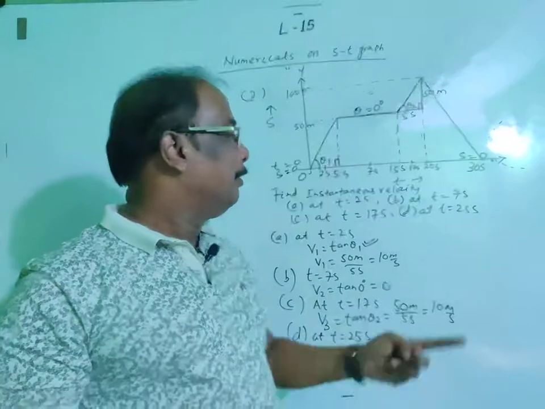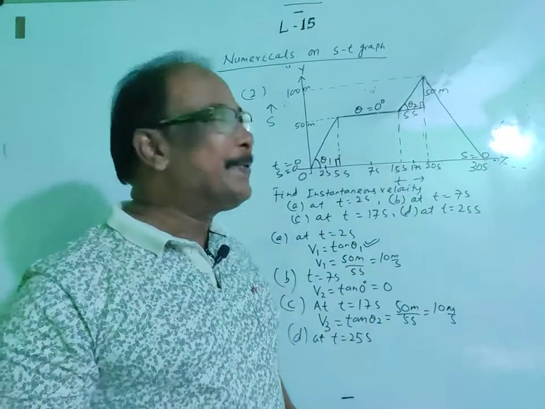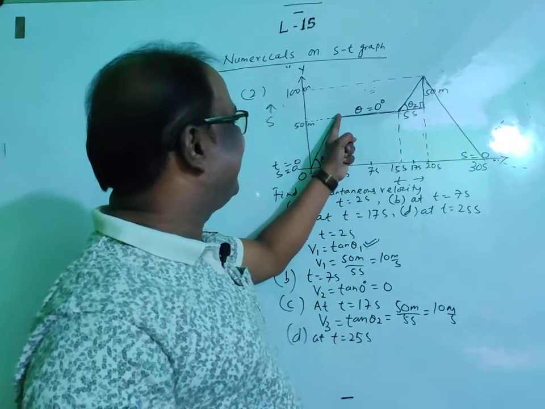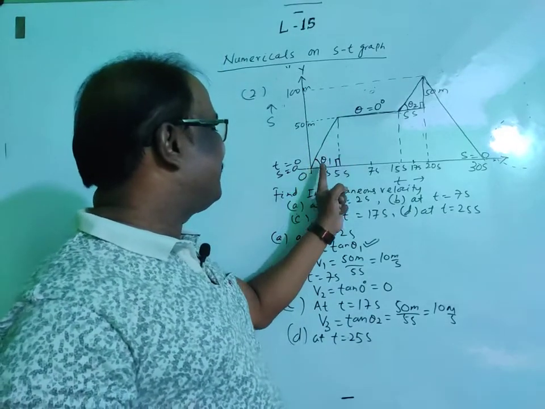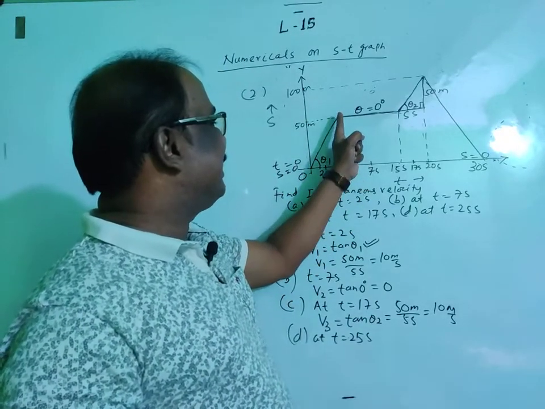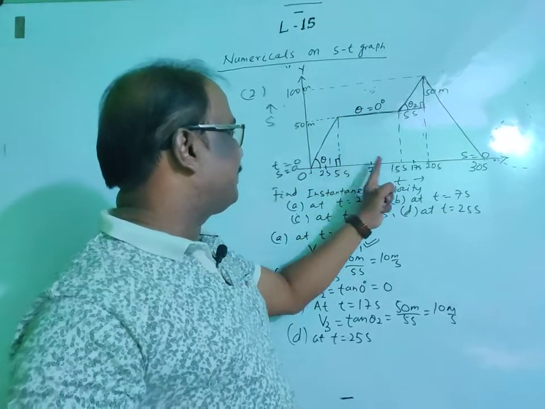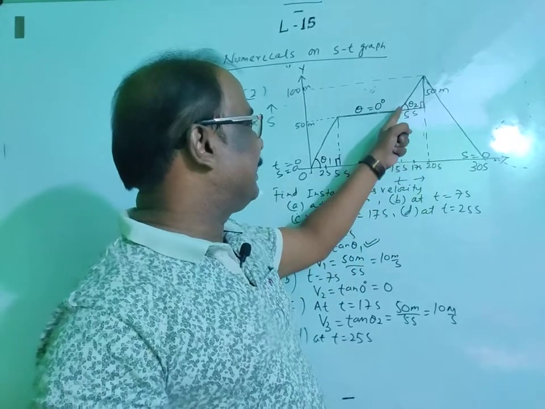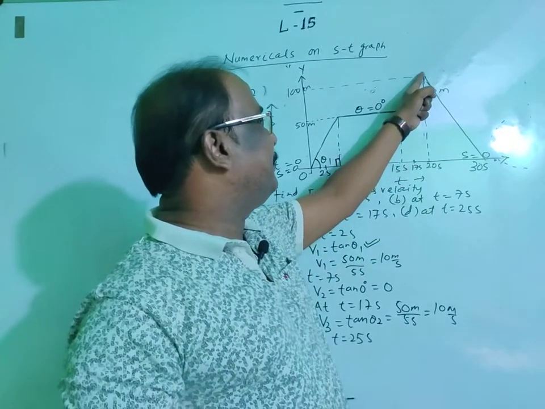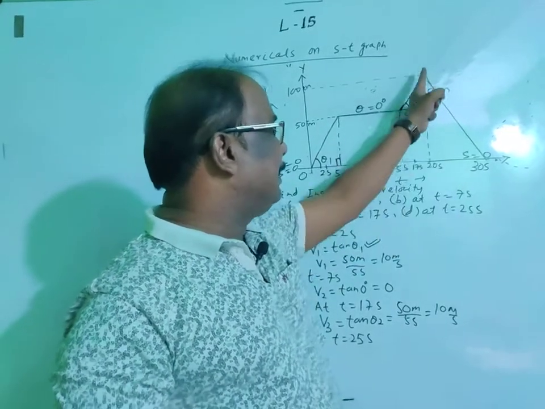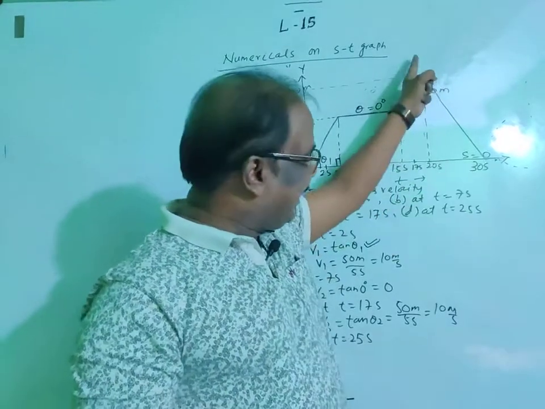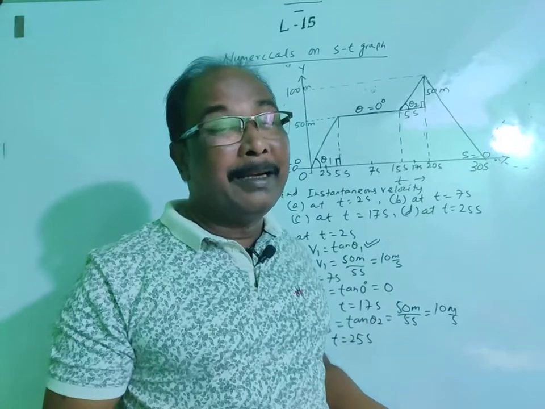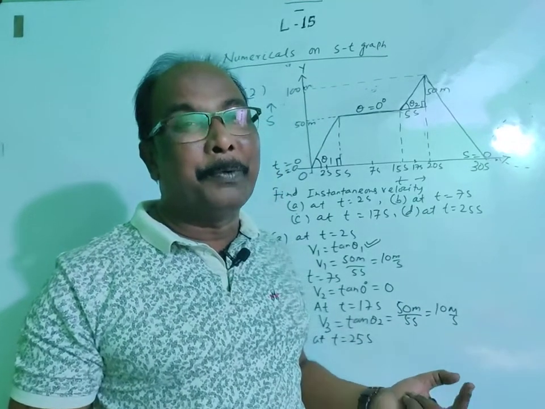So, the body moves with uniform velocity from 0 second to 5 second, then remains at rest from 5 second to 15 second, thereafter from 15 second to 20 second the body moves with uniform velocity, and from 20 second to 30 second, again velocity is uniform, but the body returned back to its original position.